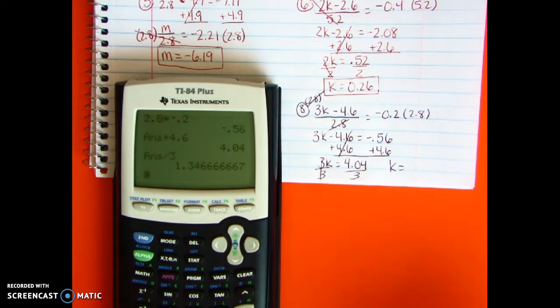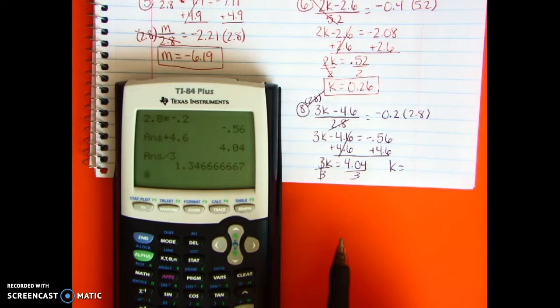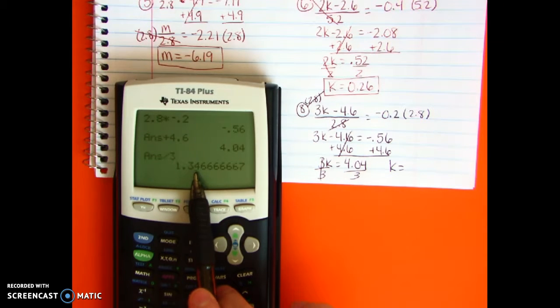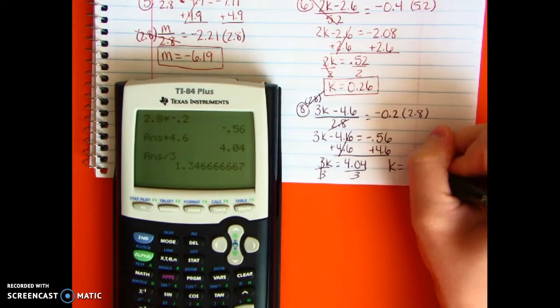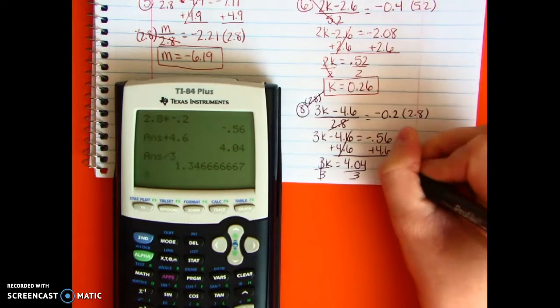And in this case, we started with decimals, so I'm not going to change it to a fraction, but round it to 2 decimal places. So 1.34, the next number is a 6, so that rounds the 4 up. So answer should be 1.35.